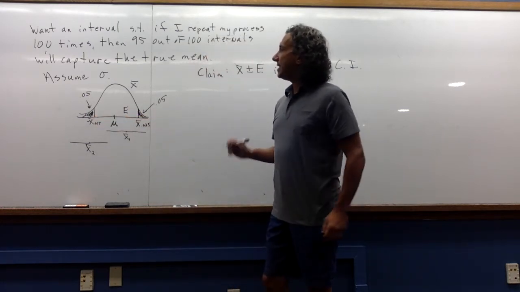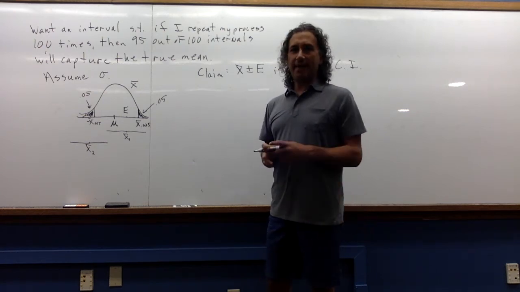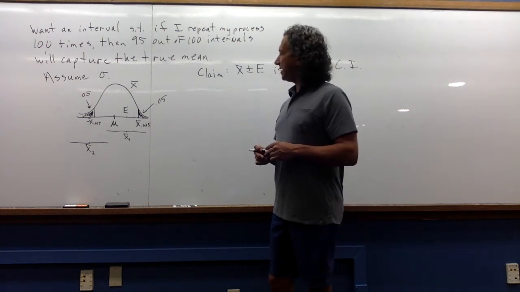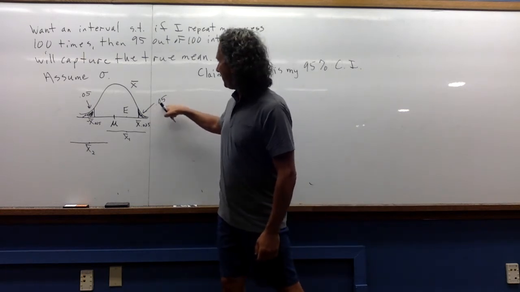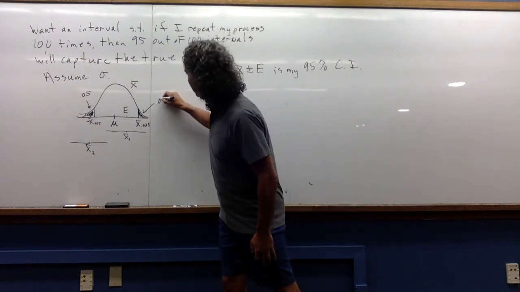And that happens 95% of the time. And I just recognized a very bad typo that hopefully you guys caught. So I wrote 0.05 here. I meant to write 0.025.